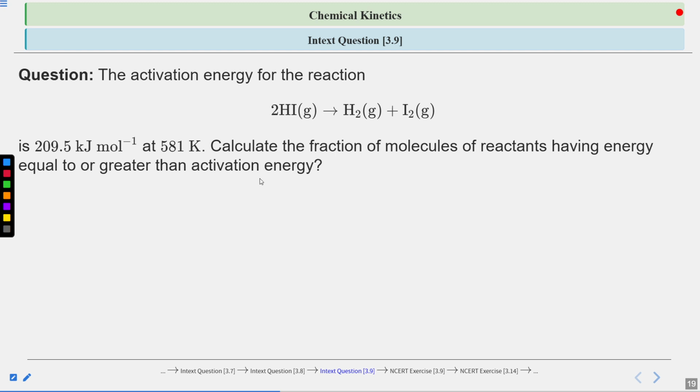So how can you do it? You can first of all write the Arrhenius equation for this, and then from there you can determine the fraction of molecules of the reactants having energy equal to or greater than activation energy.